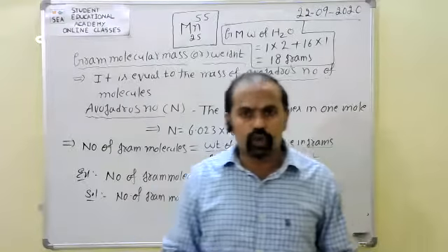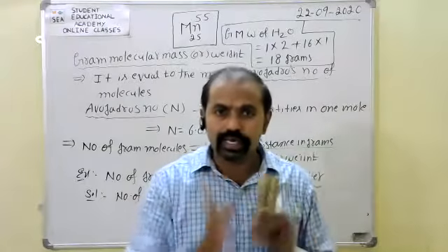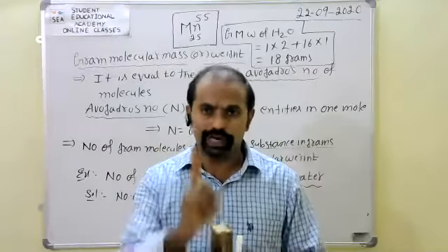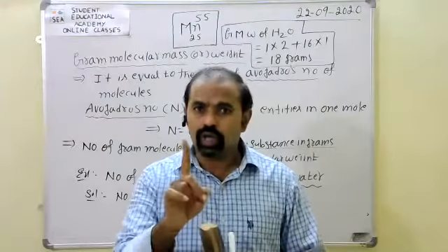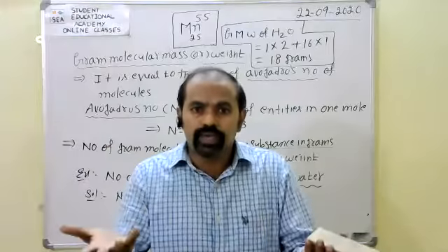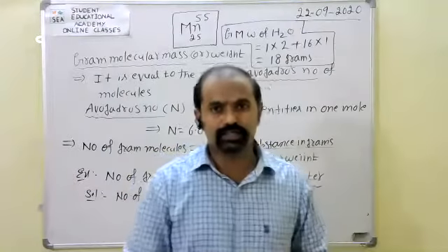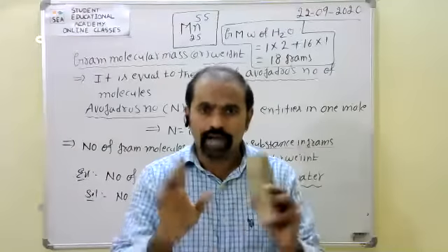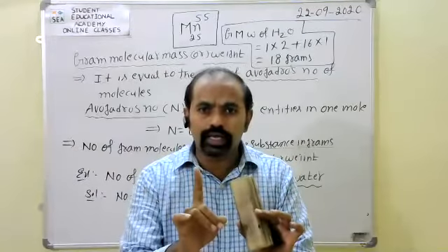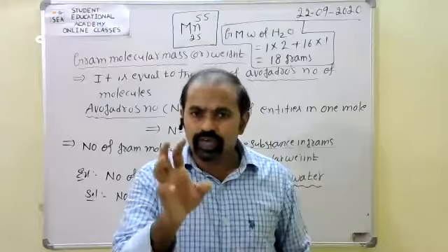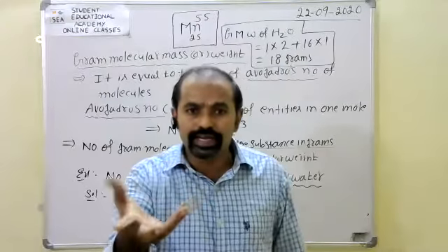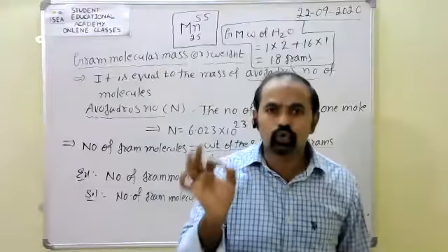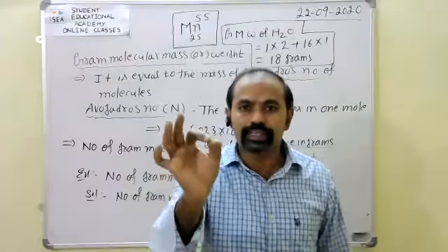Generally, we know one thing: 1 dozen equals 12, that is, 12 entities. These may be 12 bananas or 12 apples, whatever. Similarly, 1 mole equals a fixed number of entities, that is 6.023 into 10 power 23.